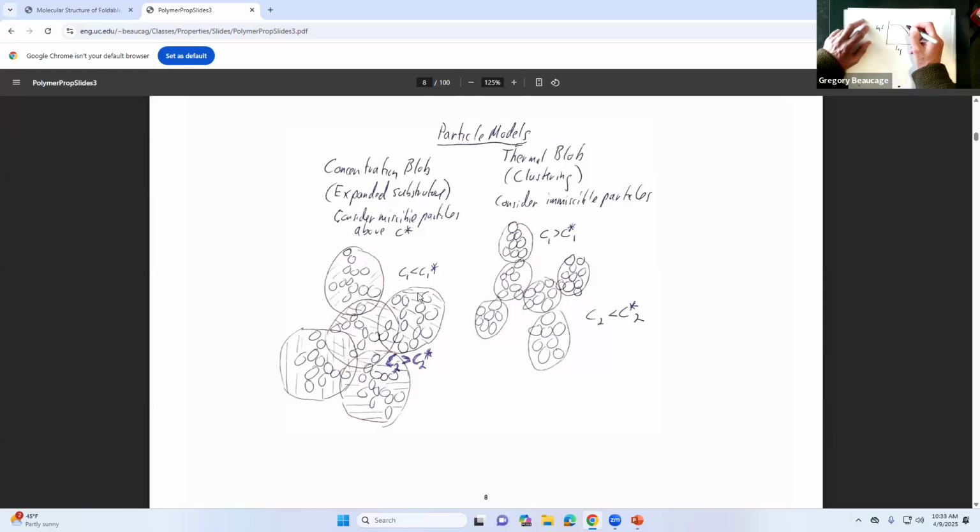That's below C star. If you go above C star, it's just a uniform system. We can't see any structure above this blob size. All you see is basically this blob size, this concentration blob.